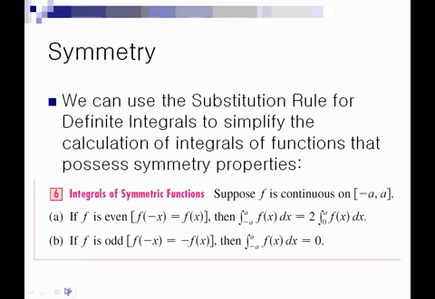Okay. Symmetry. We like to take advantage of symmetry sometimes. So, as you recall, an even function is where f of negative x is f of x. And an odd function is where f of negative x introduces a negative sign and corresponds to being negative f of x. For example, x cubed is an odd function, whereas x squared is an even function.